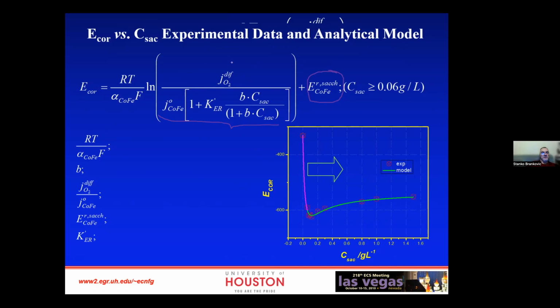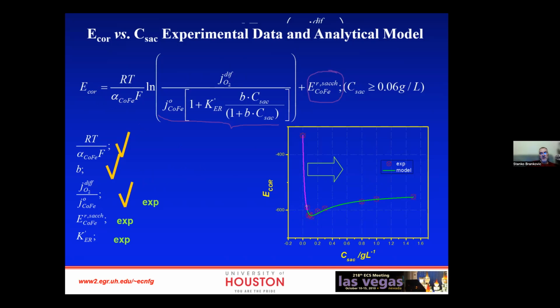This is the diffusion limited current for the oxygen reduction. Everything else has been mentioned. Okay, so this we know, this we know, this we know, this we know, and we can do an experiment. We can get this from the experiment. We can get this from the experiment. And guess what? This is the model.